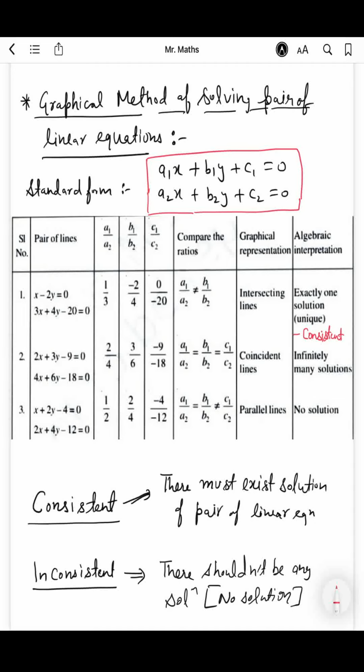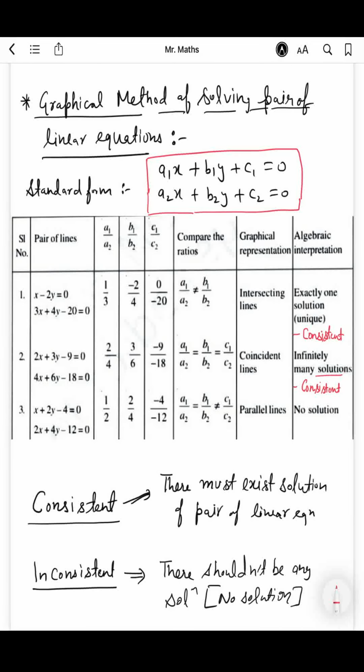Now look at the second condition, when lines are coinciding, when lines are overlapping. There are many points in common, which are nearly uncountable. In such instances, we say that the equations have infinitely many solutions. And when we say infinitely many solutions, it means a solution is there, so this is also consistent.